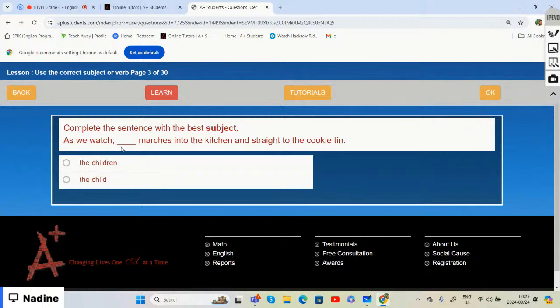So as we watch, the children marches into the kitchen and straight to the cookie tin. So do we say the children marches or the child marches into the kitchen and straight to the cookie tin? Which one is correct?